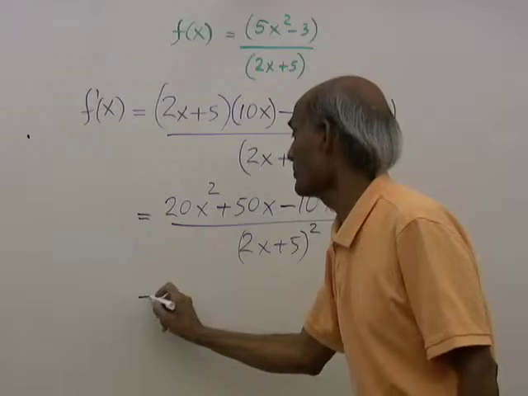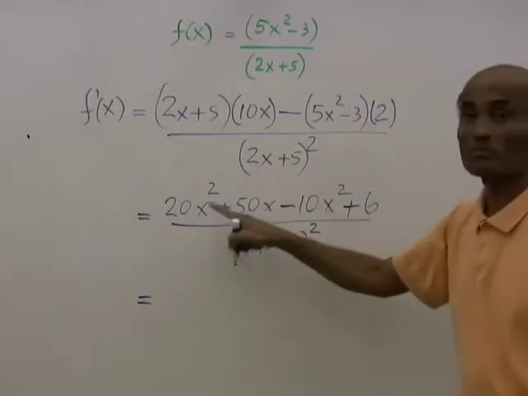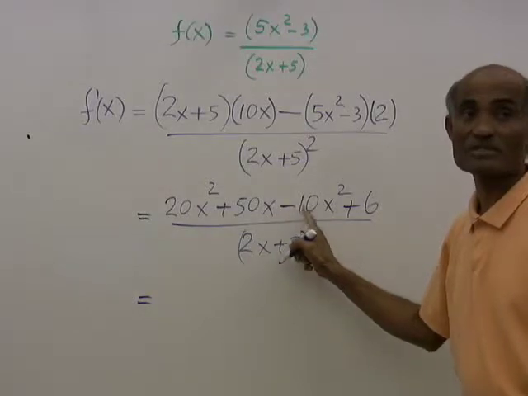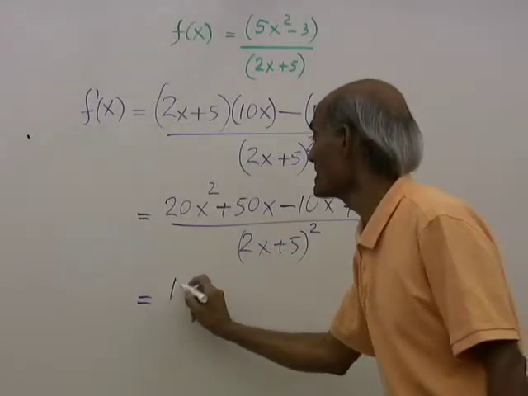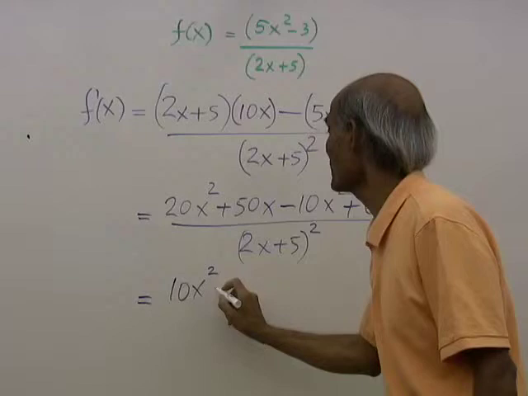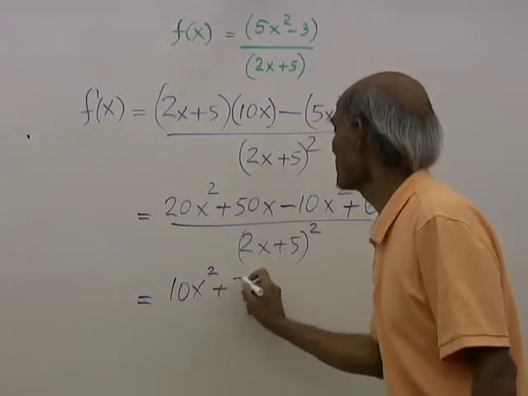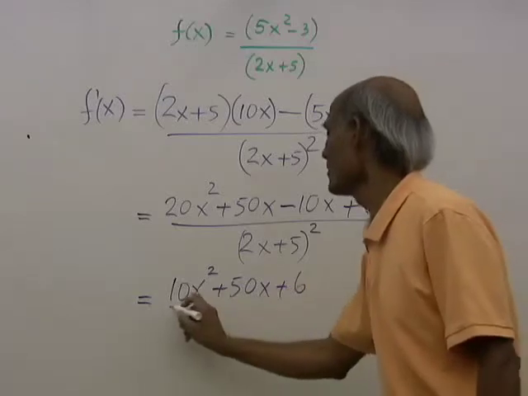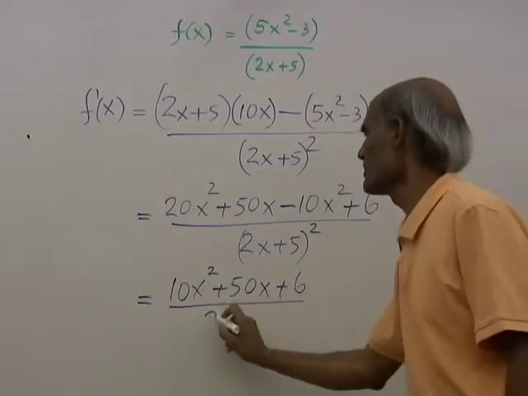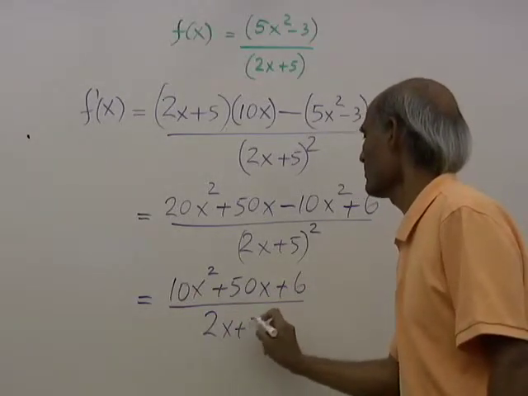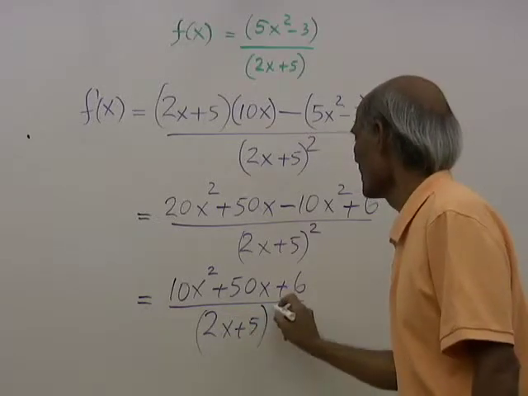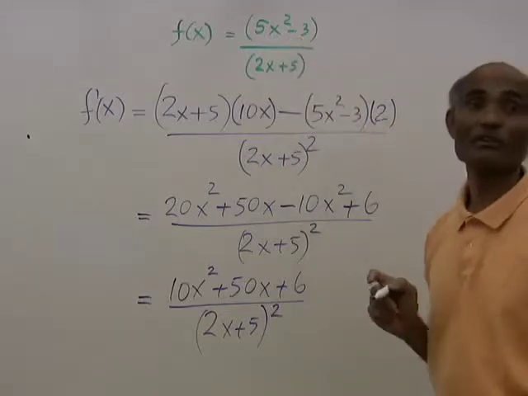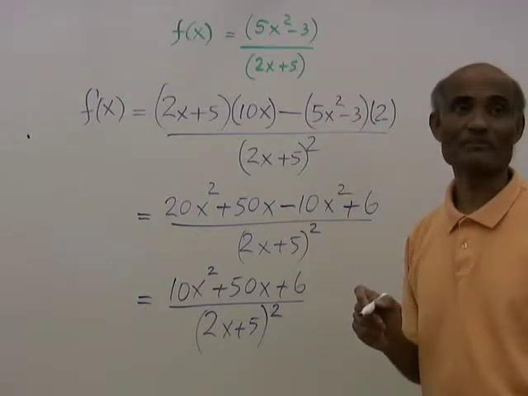Simplify the numerator: 20x squared minus 10x squared is 10x squared plus 50x plus 6, all over 2x plus 5 raised to the power of 2. And that is the derivative of that quotient function.